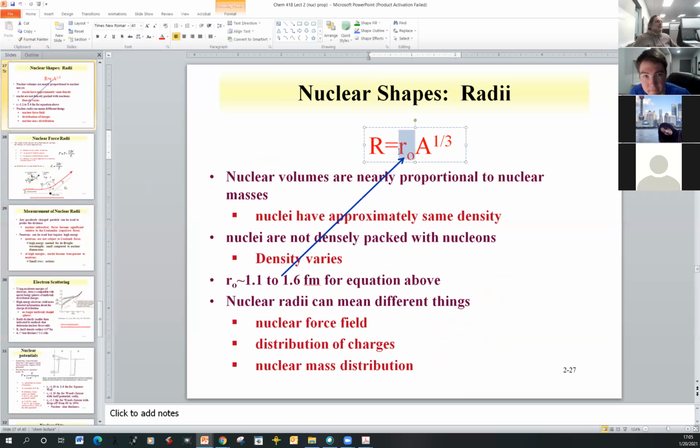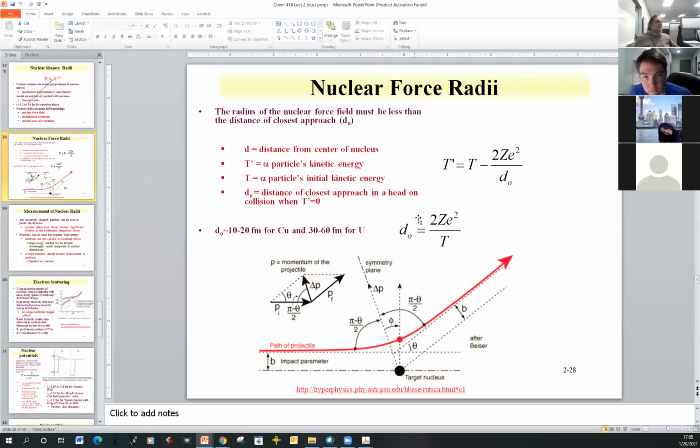They're not particularly related, because this D naught is the closest approach from a head-on collision, and it's going to vary with the particle you use and the energy of that particle.